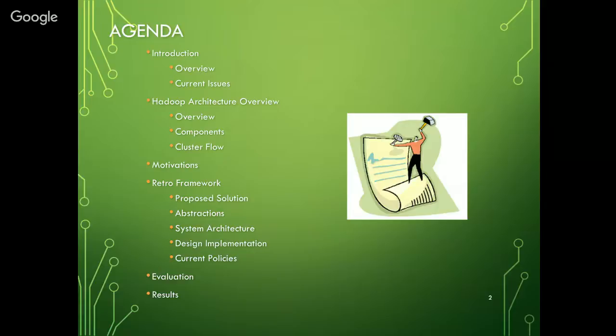We're going to understand the proposed solution to these challenges, the main abstractions of this framework, the system architecture, the design implementation, as well as the current policies. We're going to look at how this framework was evaluated and, of course, the results and conclusions, as well as my personal view of this paper.